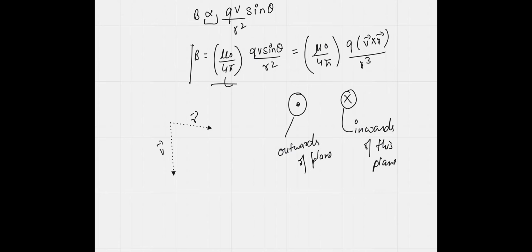What is the direction of the magnetic field which will be coming due to this V and R? Assume the angle between them is some random theta.